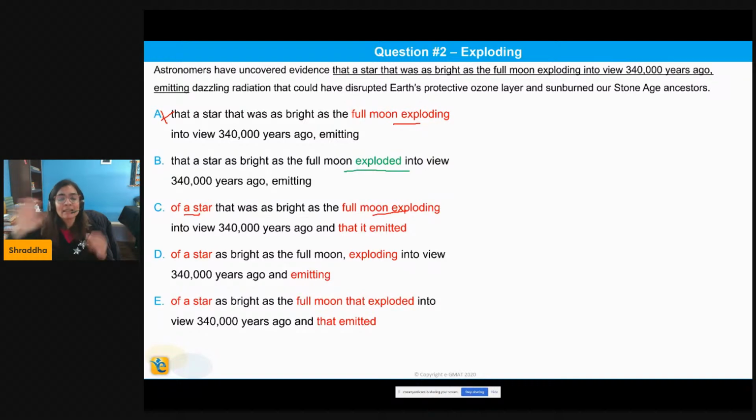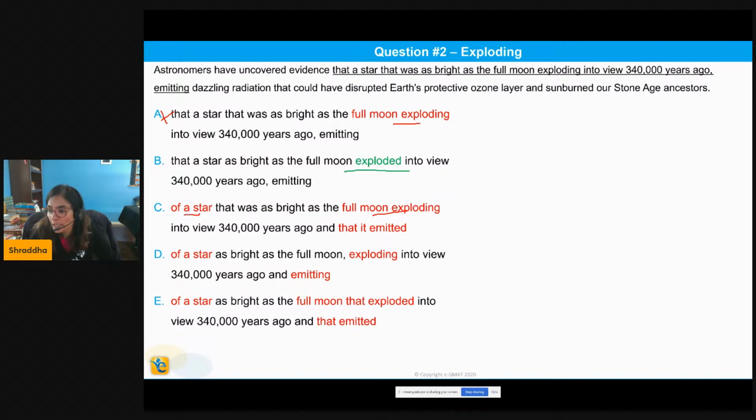The evidence is that there was a star that exploded and it did all of these things. That's the evidence. I mean, the evidence is about the star and not of a star. Evidence is not really a star, right? It's the whole thing that happened in the form of the action. So that's why of does not work in this sentence.